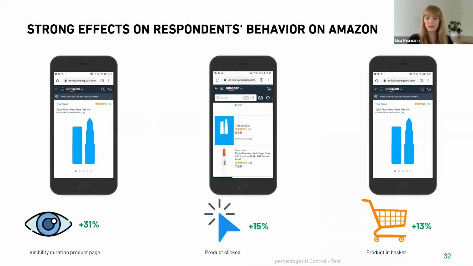But luckily we have our behavioral data from the Amazon task. We couldn't find clear effects on explicit brand funnel metrics, but the respondents' behavior on Amazon showed strong effects. We have much higher percentage lifts between control and test groups here. We have a plus of 31% for visibility duration of the product page, 15% for product clicked, and 13% for product in basket.